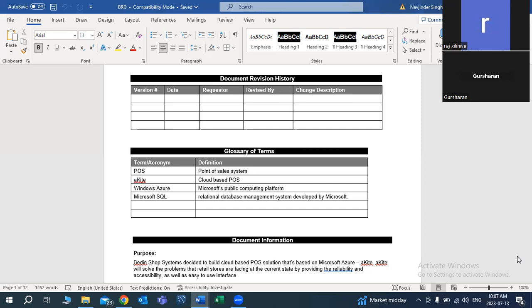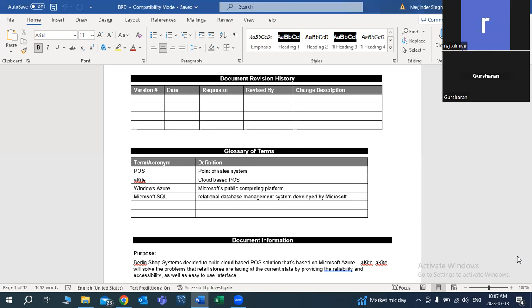For example, take our cloud-based point of sale system as the case study. You are developing version 1.0, then 1.2. Maybe in future, you may come up with a 2.0 version.